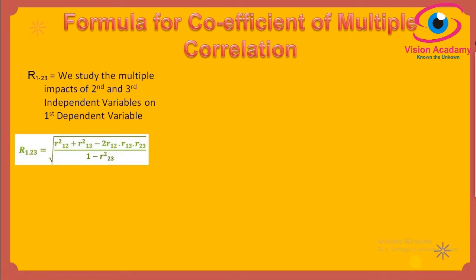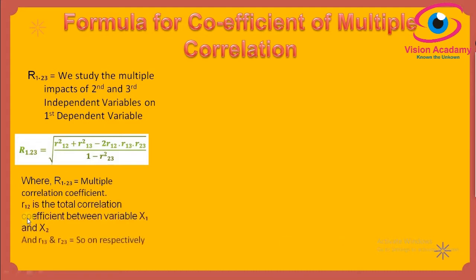So for those three options, this is the formula. This is the formula for R1.23, where we have three variables: 1, 2, 3. We consider one dependent variable and two independent variables in multiple correlation. For R1.23 we have taken the first variable as the dependent variable and the remaining 2, 3 as independent variables.